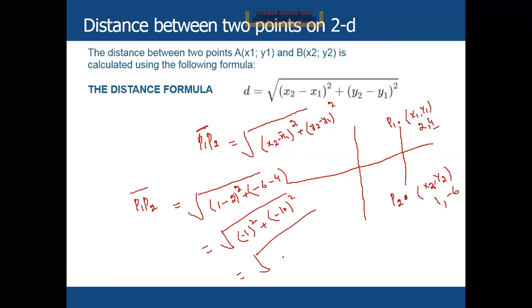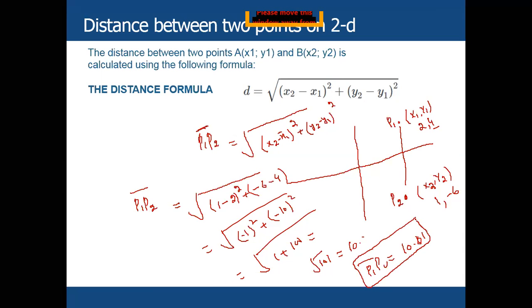So 1 squared is 1 plus (-10) squared is 100, and this equals 101, and the square root of 101 is 10 point something. So the distance between point number 1 and point number 2 is 10.1 something, or 10.01 something. This is the distance formula.